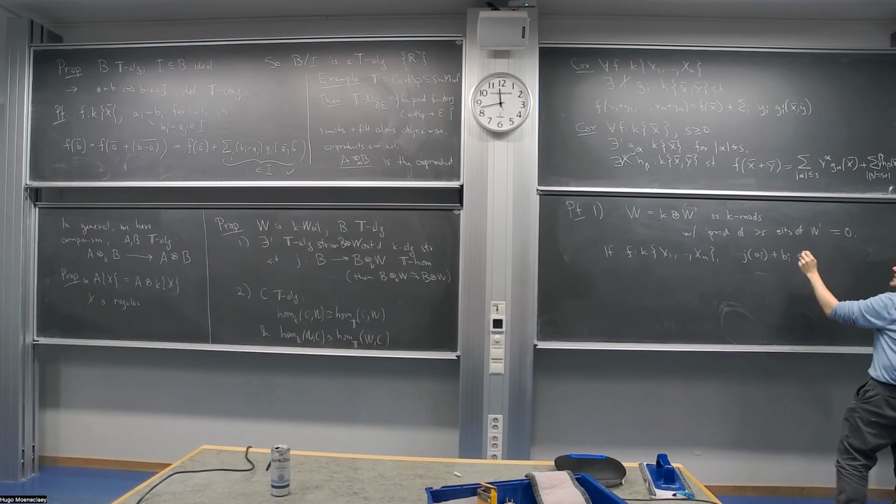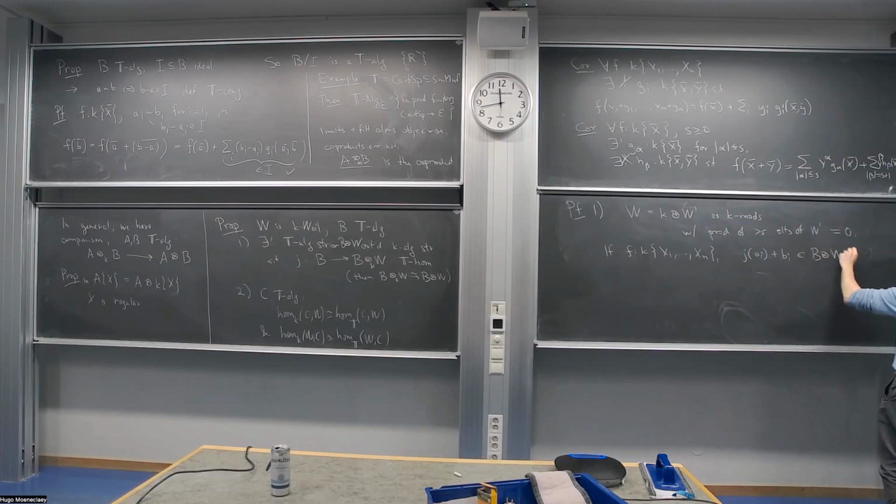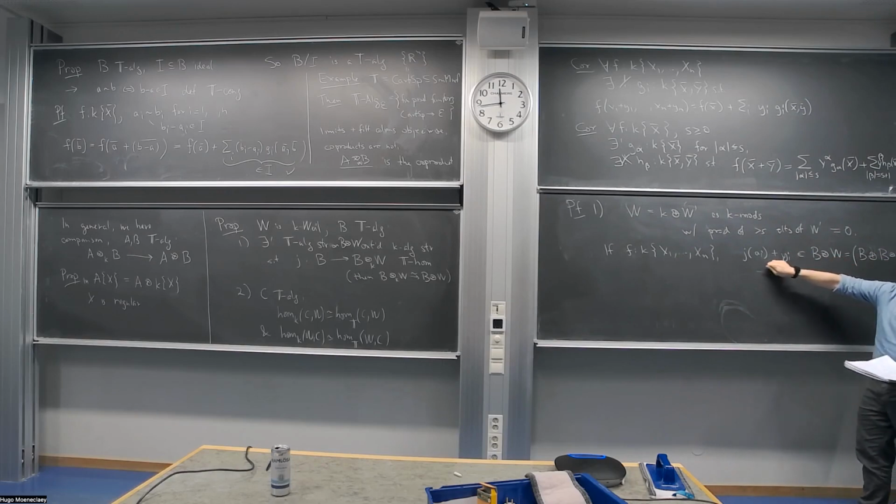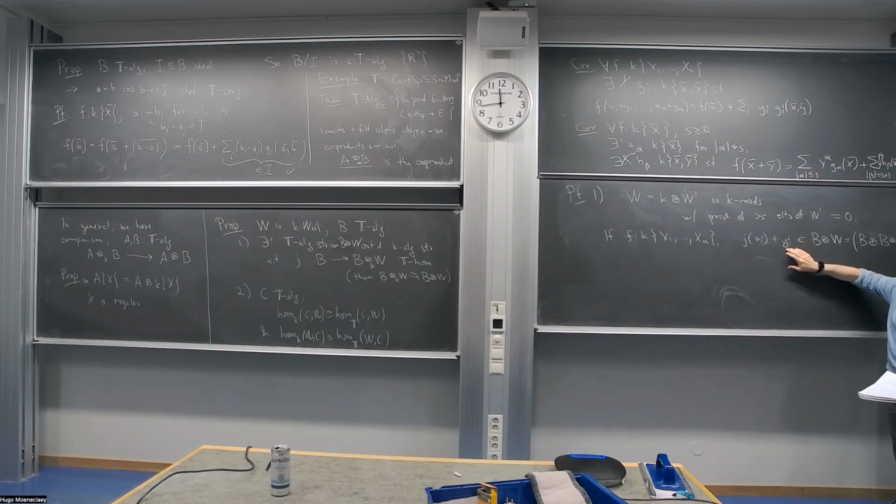These are elements in B tensor W, which I now write as B plus B tensor W prime. So we are going to get the inclusions of the elements of B, and then some elements, B is maybe not a good name for this variable, so we just call them y's. So we can write some elements in the center product, these sums where the product of more than s of the y's will be 0. Okay.